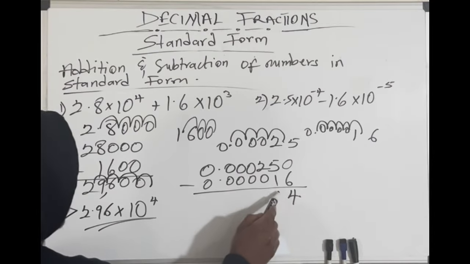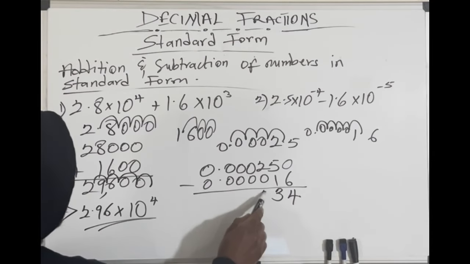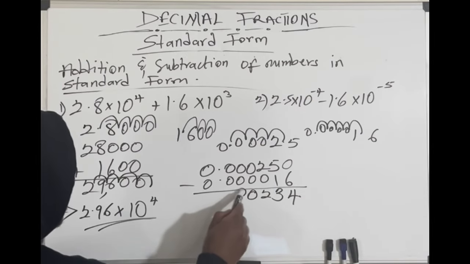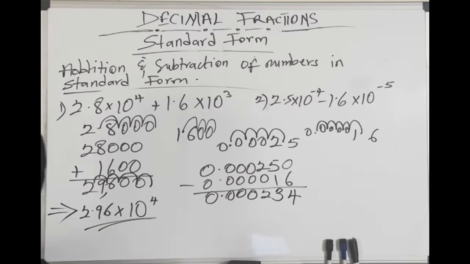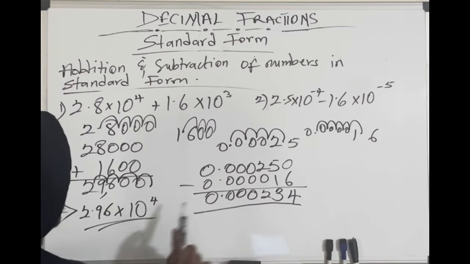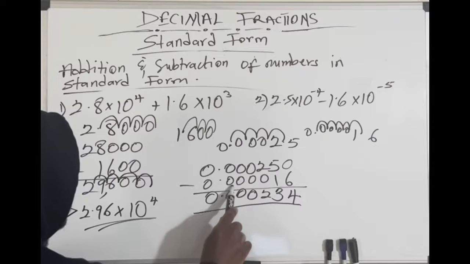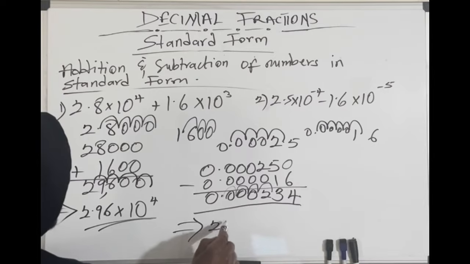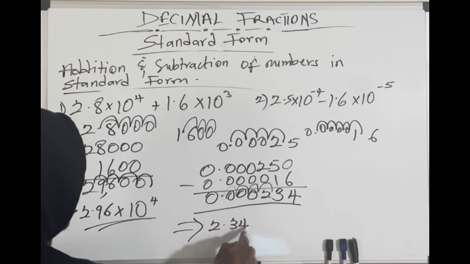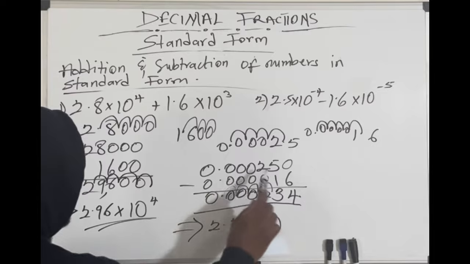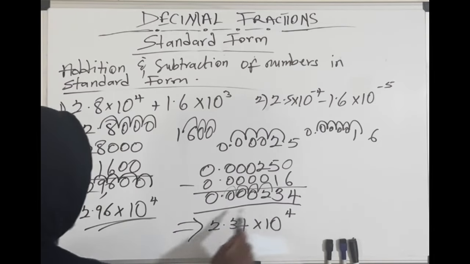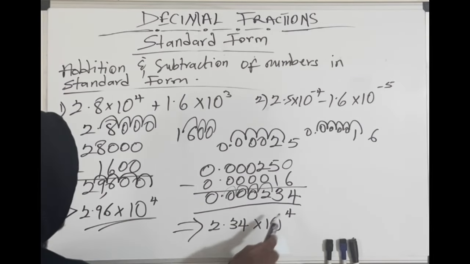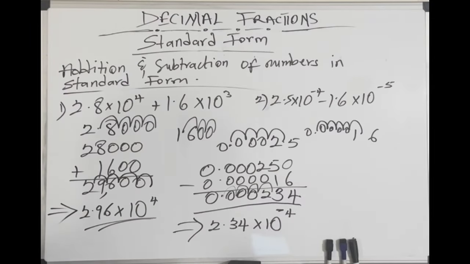This tends to be 4, so 3, have 2, have 0, have 0, have 0.0. We are told to leave in the standard form, so we can't leave it like this. So we move back 1, 2, 3, 4. So our final answer will be 2.34 times 10. How many times did we move? 4. But then we move towards the right, so it will be negative. So this will be our final answer.